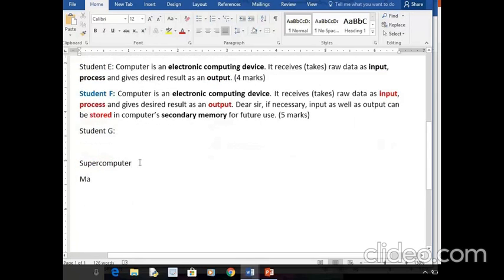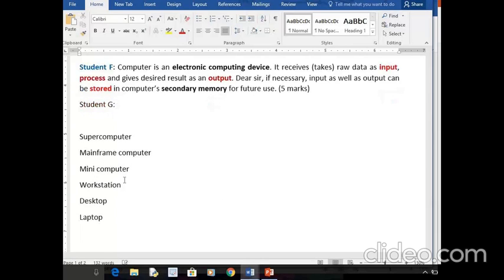You may work with a supercomputer or mainframe computer or mini computer or workstation or desktop or laptop or tablet PCs or smartphone like our mobile phone.